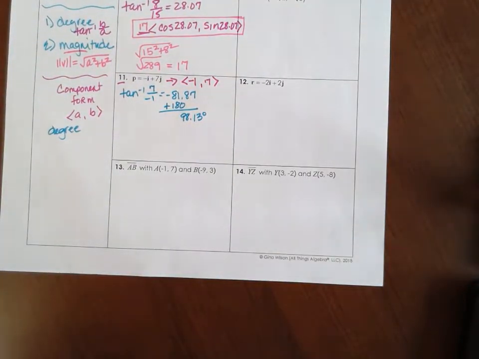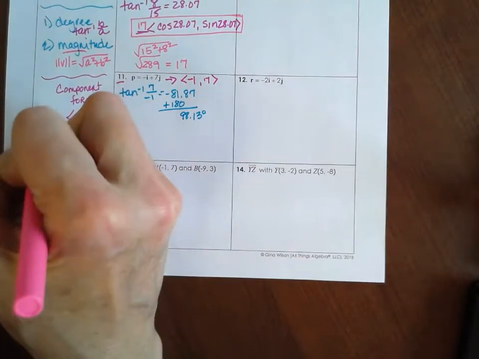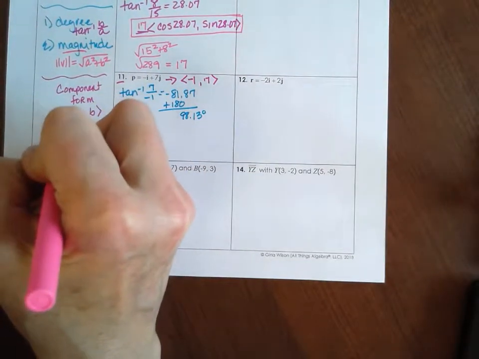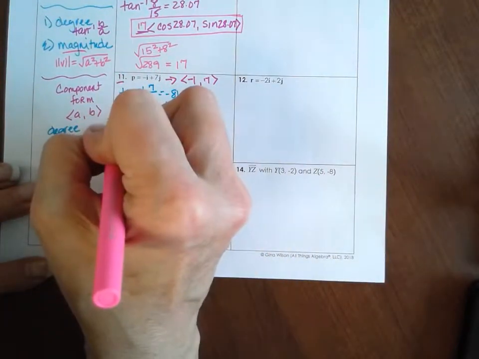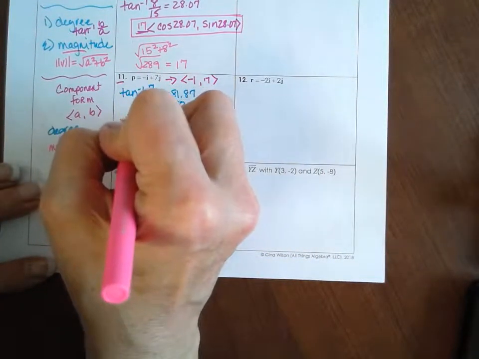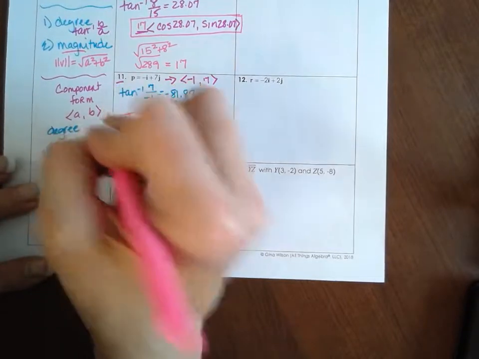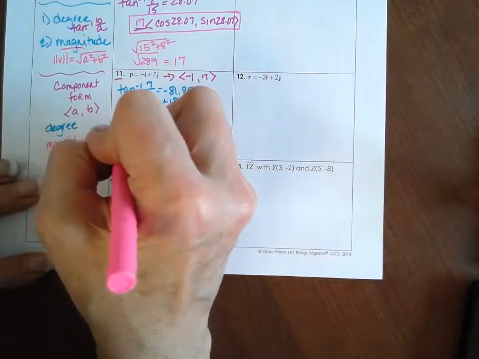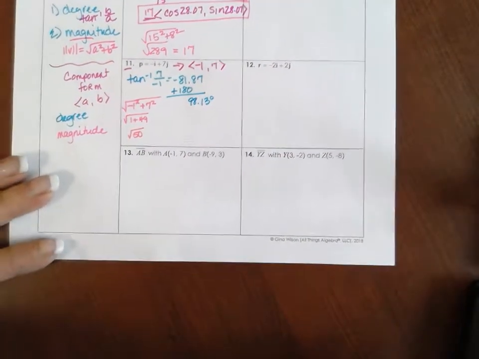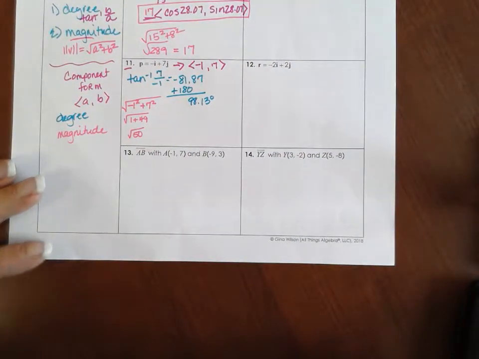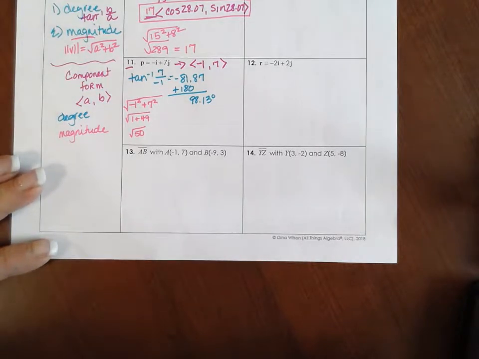And last but not least, what should we do? Magnitude. So I get -1 squared plus 7 squared. So 1 plus 49 gives me the square root of 50. What perfect square do I have in that one? 25.